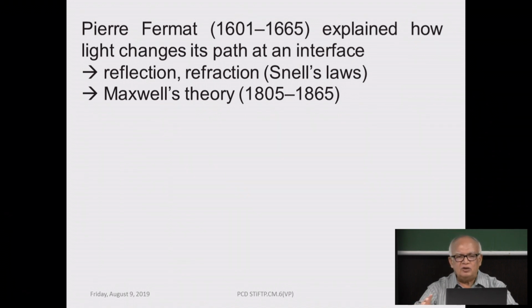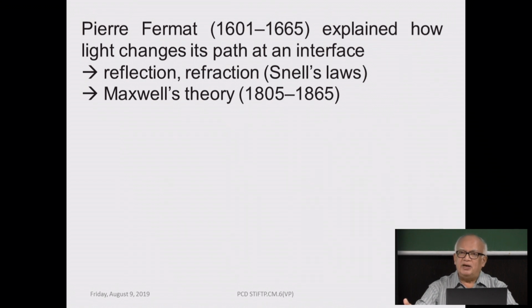Actually, it goes back to the 17th century when Fermat accounted for the paths that light takes, because when light rays meet an interface, it changes the direction, okay, unless it is normal to the surface. But then if it lands obliquely, then it gets reflected, it can get refracted, okay. And why does light take the path that it does?